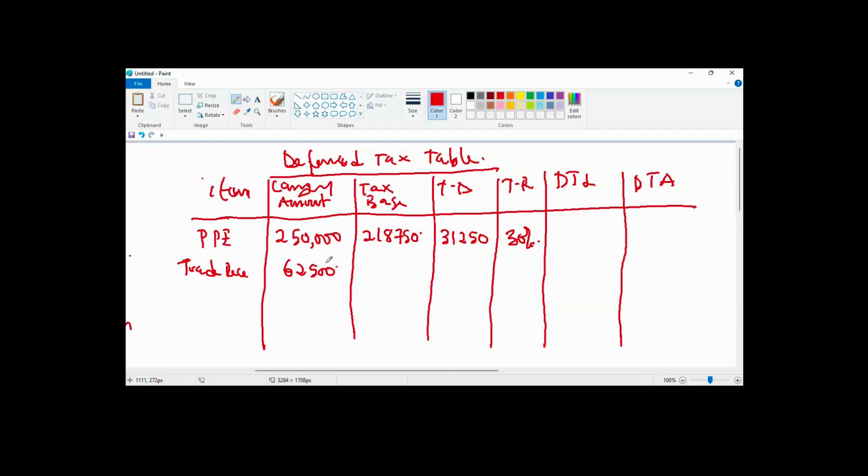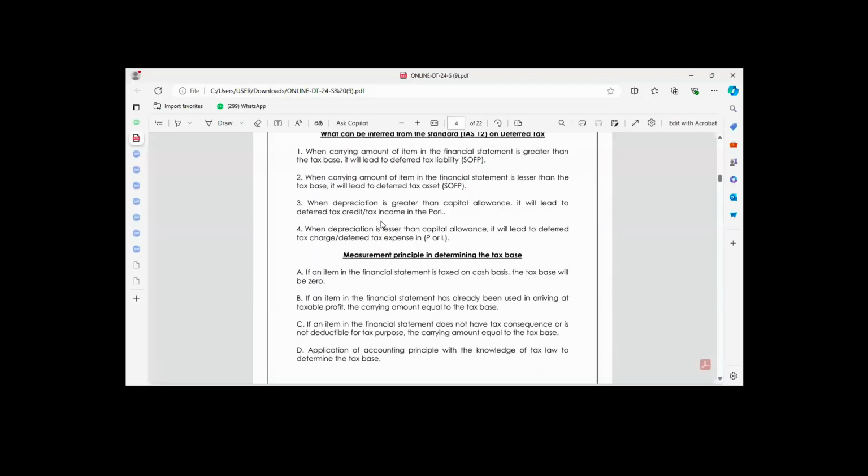Somebody, sir, how do you get your 62,500? Because from the balance and the provision, we have to less it. That's going to give us our tax base. The tax base is 0. Yes, thank you.